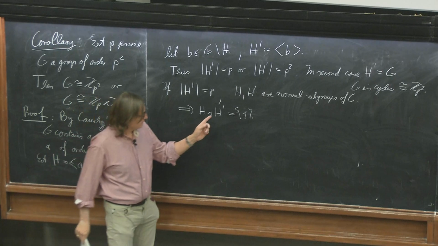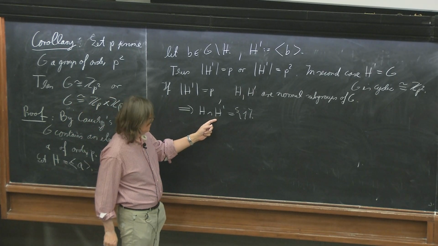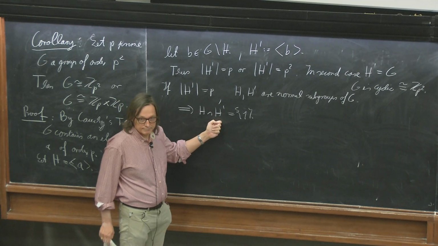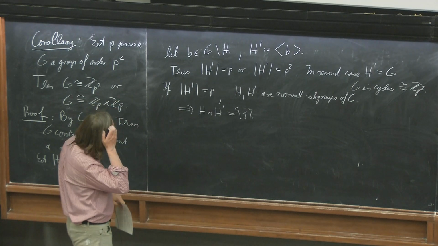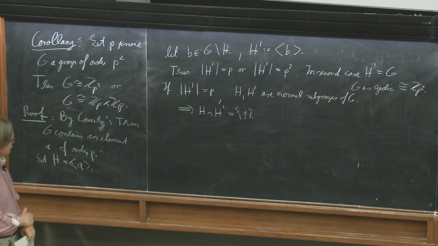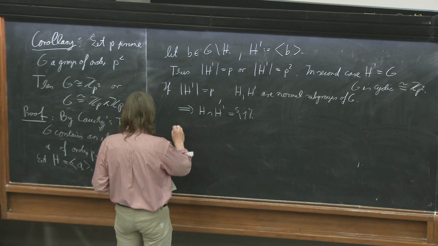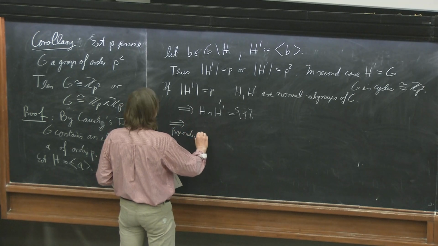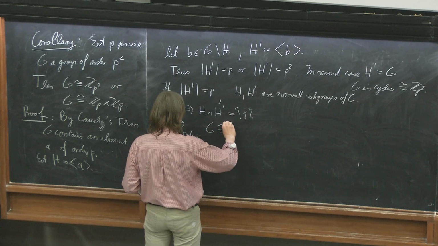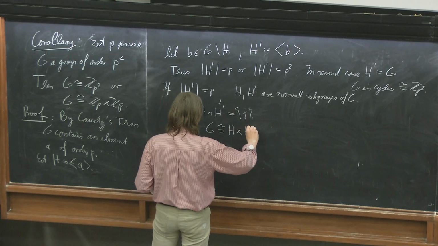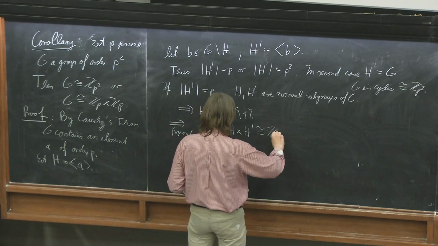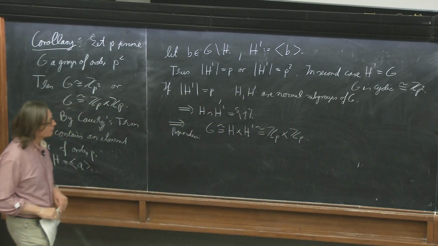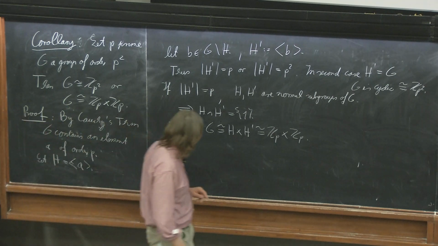If they contained something else, then H must contain the whole of H prime. And so we have the assumptions of our proposition fulfilled, so it follows by the proposition that G is isomorphic to H times H prime, which is isomorphic to Z_p times Z_p, because these are cyclic groups of order p.